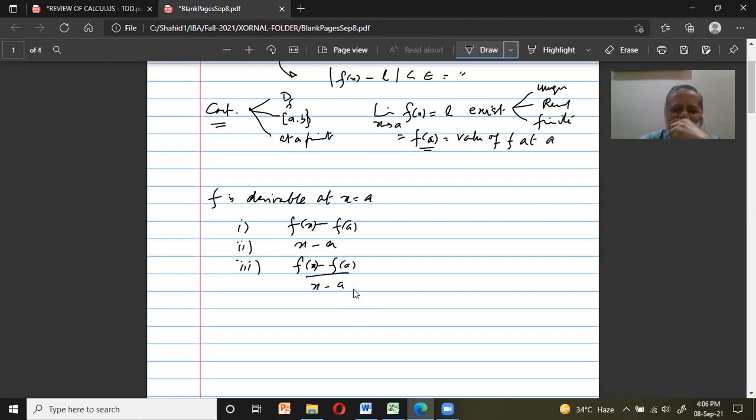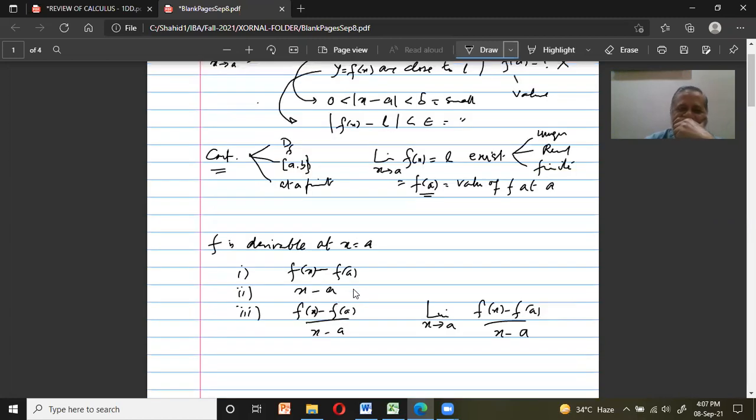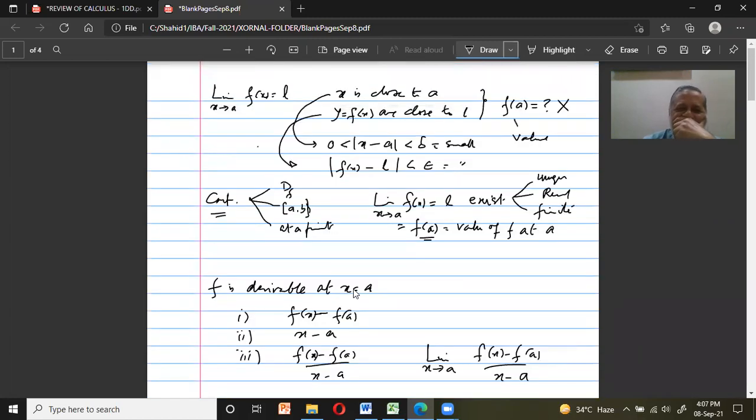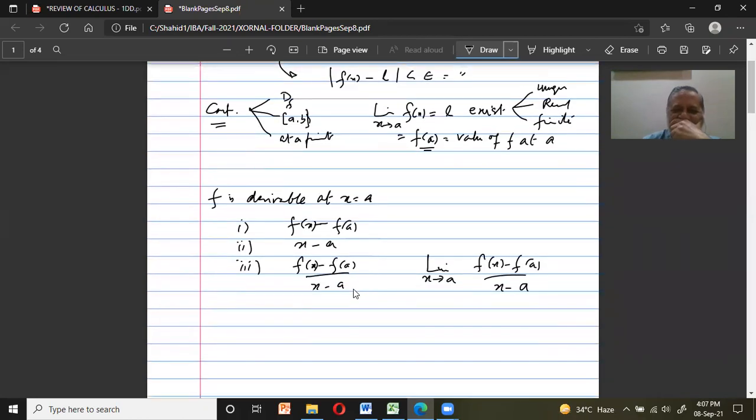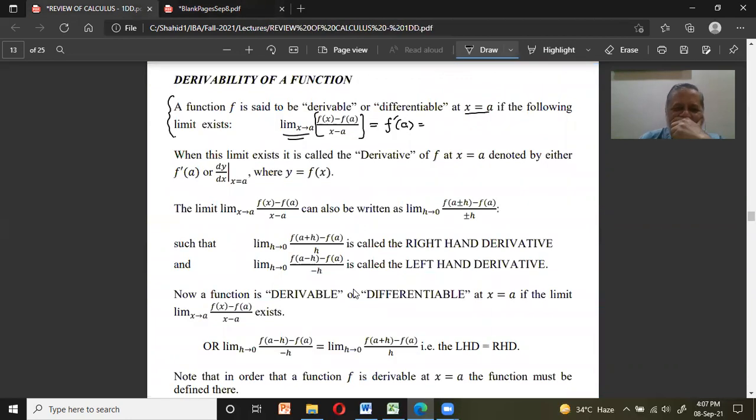And the last step, you take the limit as x approaches a of this ratio. So this process is entirely different from the limit of the function itself. The limit of the function is something else, and the limit used in derivability is a different thing.